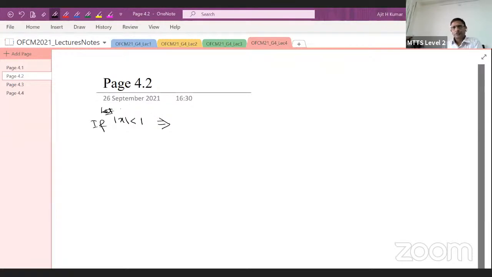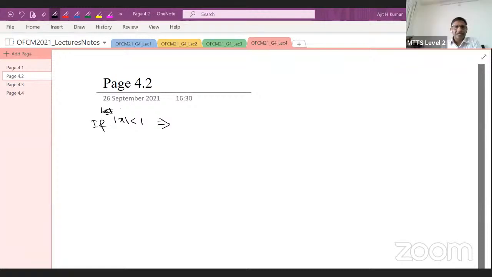Somebody from group 2? Sir, if mod of x is less than 1, then it implies that x lies strictly between -1 and 1. Or we can say that -1 is less than x less than 1.